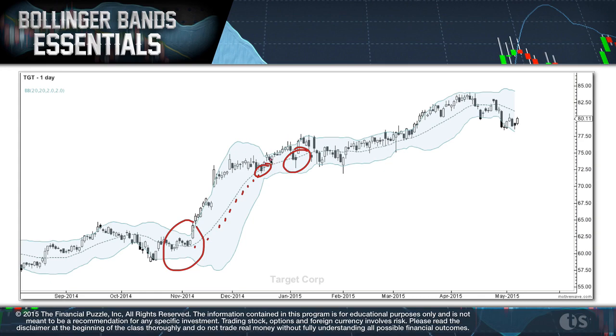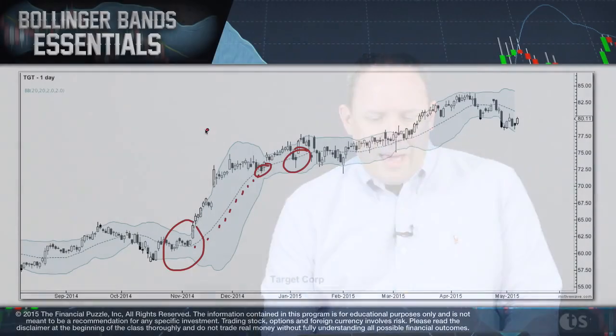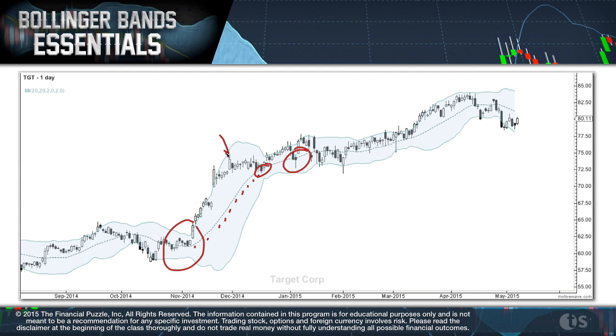What I really would prefer, once you see the exit signals, is that you get out on your own without waiting for the stop. But if you're waiting to get out based on a stop, this is a way you can do that. What I would prefer, as you'll learn in the next class, is that once you see this candle formation pulling away from the band, you just recognize that as the end of the swing.